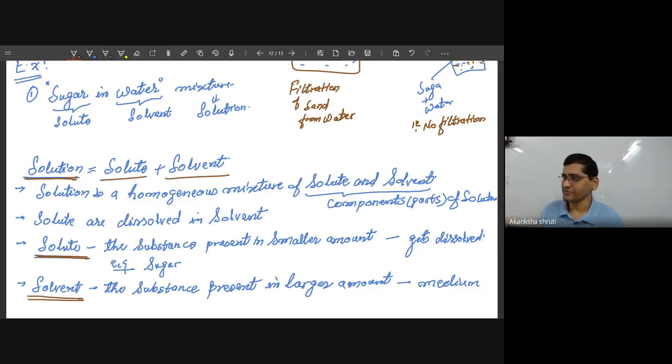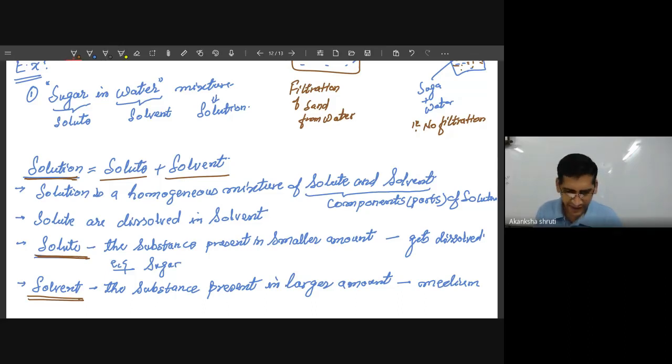Say solid in liquid means the solid is the solute and the liquid is the solvent. Whatever comes in a smaller amount is taken first, and the solvent, in larger amount, is taken next.